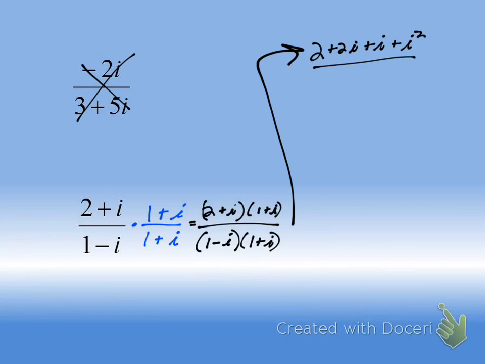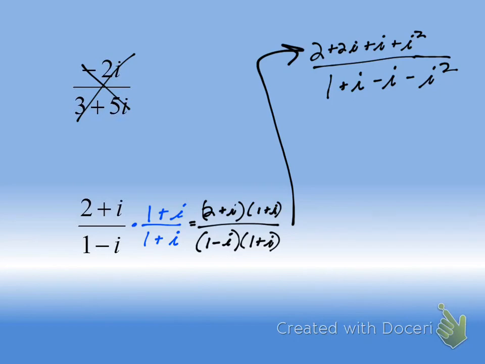On the bottom now, 1 times 1 gives you 1. 1 times positive i gives you plus i. Negative i times 1 gives you negative i. And negative i times positive i gives you negative i squared. i squared equals negative 1.